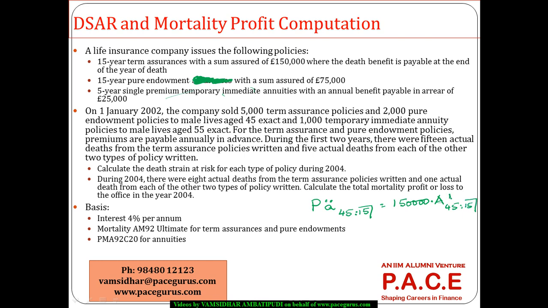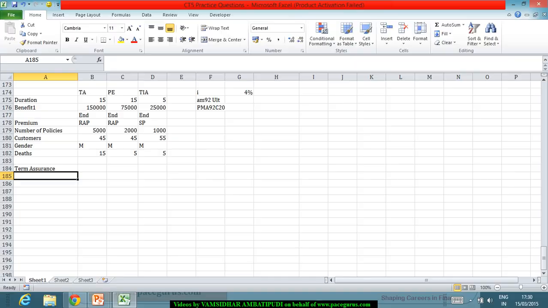The expected present value of this is what we need. So I need ä 45:15 for that.